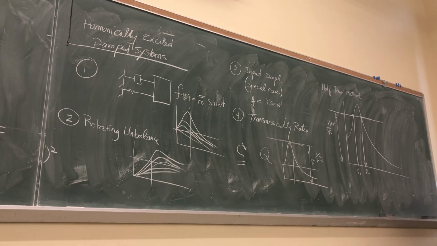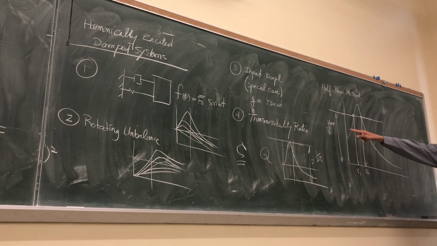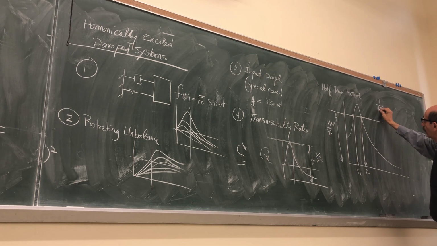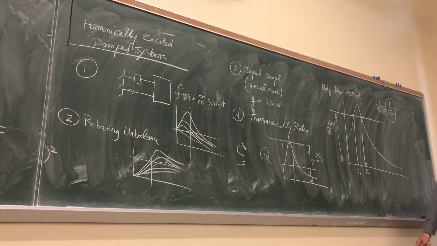So let's do this. Let's assume that basically the R values that we want to find correspond to this. In other words, let's assume that we have 1/√2 times the maximum value, which we know is that Q value, that's what we call Q. In other words, this value corresponds to what we want to find, which would be the solution of this.